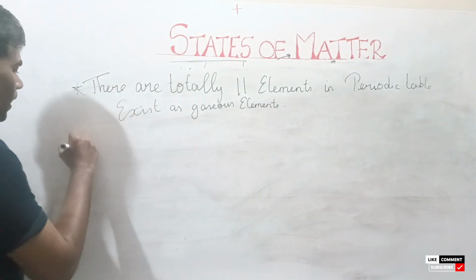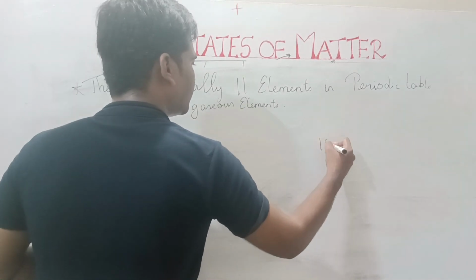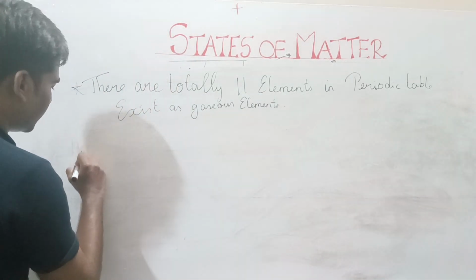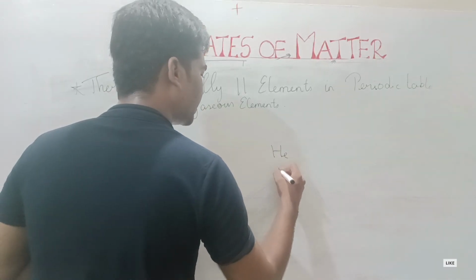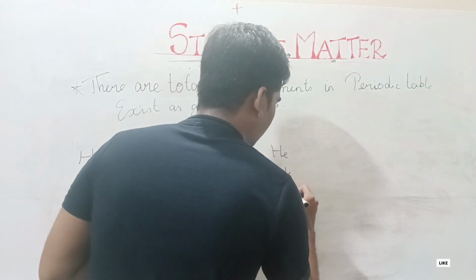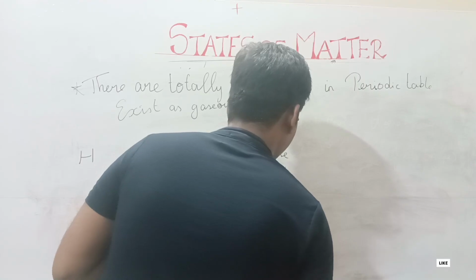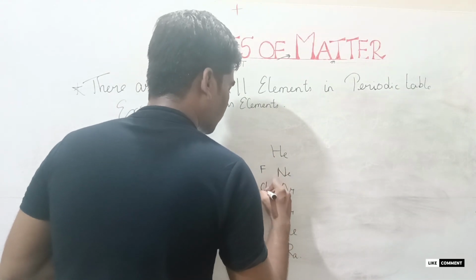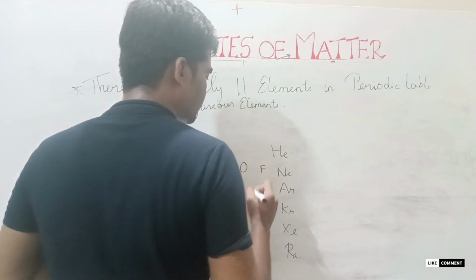So what are they? I will write it here. First, hydrogen, and here helium and all the noble gases, because they are gases: helium, neon, argon, krypton, xenon, radon. And then fluorine, chlorine, and here nitrogen, oxygen.